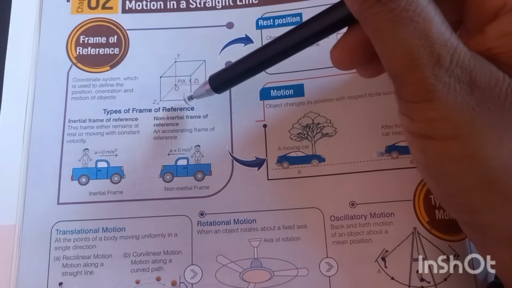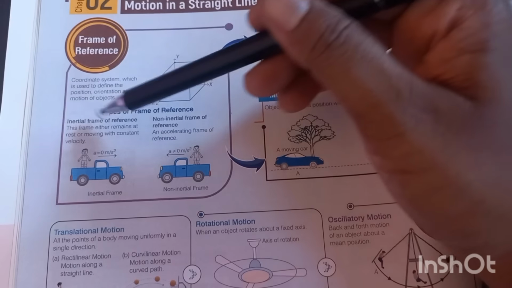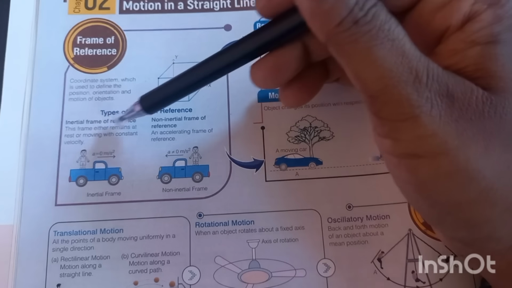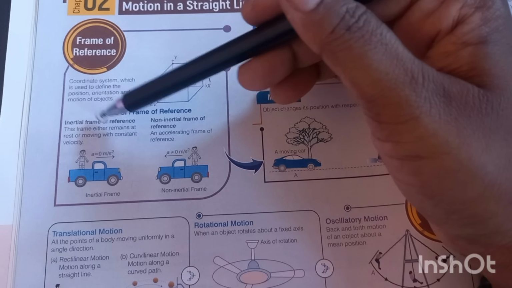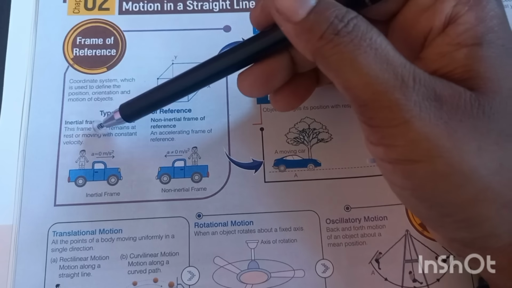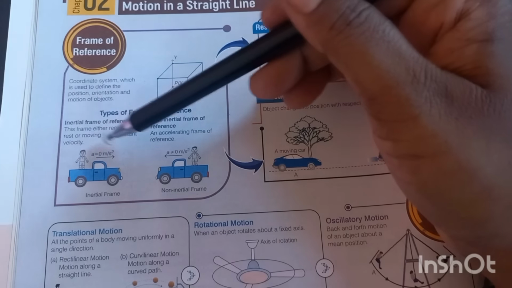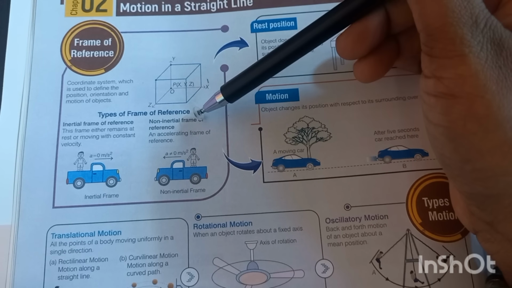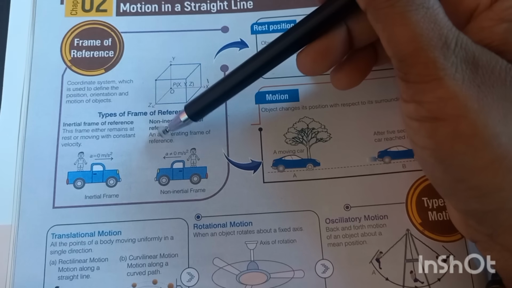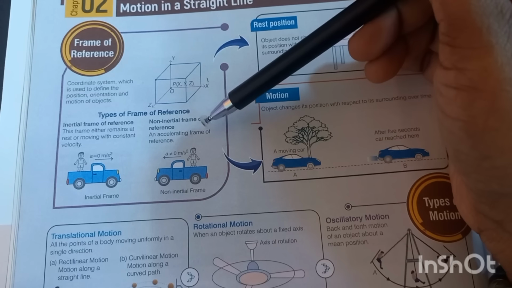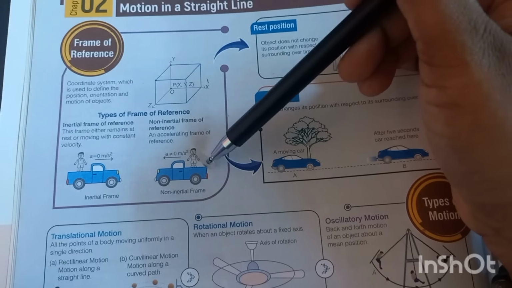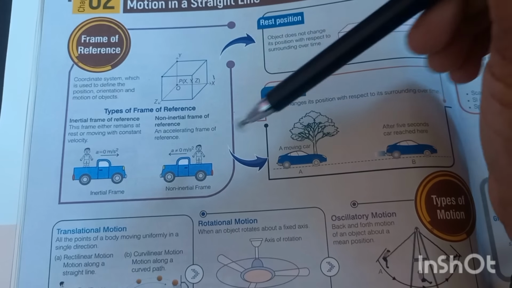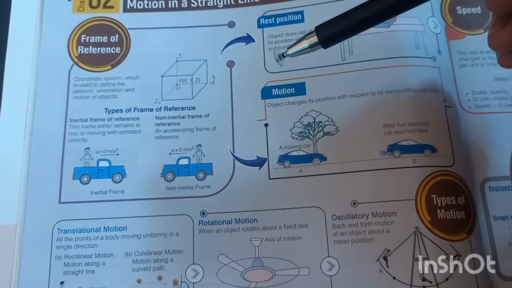So there are two types of frame of reference: inertial frame of reference and non-inertial frame of reference. Inertial frame of reference is the frame either remains at rest or moving with constant velocity, and non-inertial frame of reference is an accelerating frame of reference, okay, which is always moving under different velocity. It has acceleration, so that is a non-inertial frame.